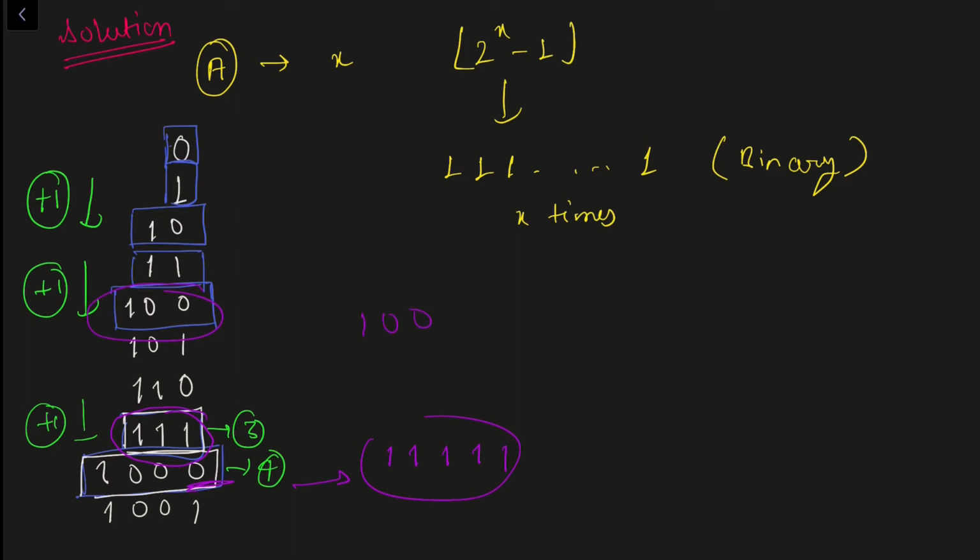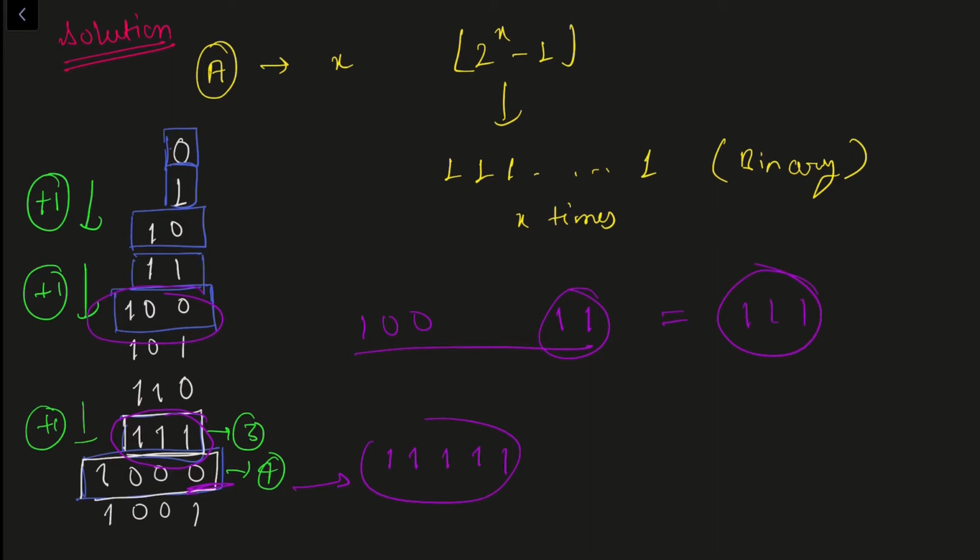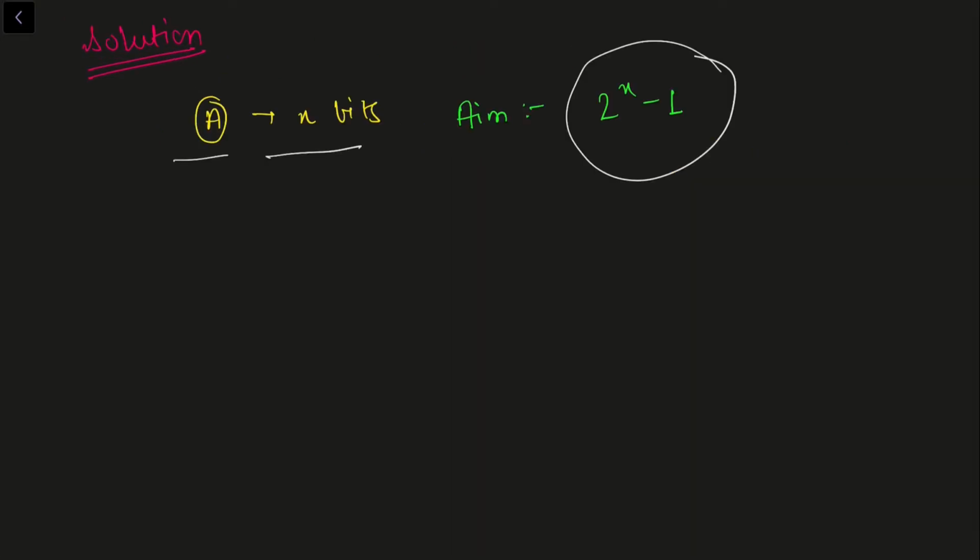Then I am sure that my range from 1 to this number will also include 1 1. Okay, so I can always make 1 1 1 out of it. That's why I said, given a number a who has number of bits equal to x, I can make this number. Okay, and that number is 2 raised to power x minus 1.